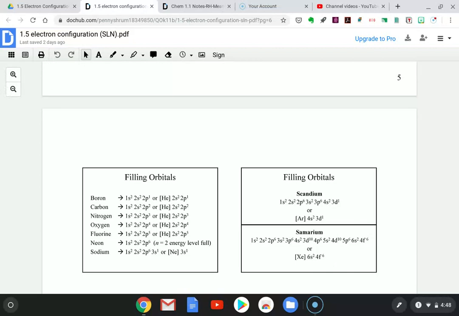Don't worry about wording on things. If you know you're right but don't know if you're wording it correctly, don't worry about that piece as much. We're really just focused on whether you understand the filling orbitals and are able to answer the questions. If you get stuck, go to the answer key. Once you're all the way done, go to the answer key and check your answers.